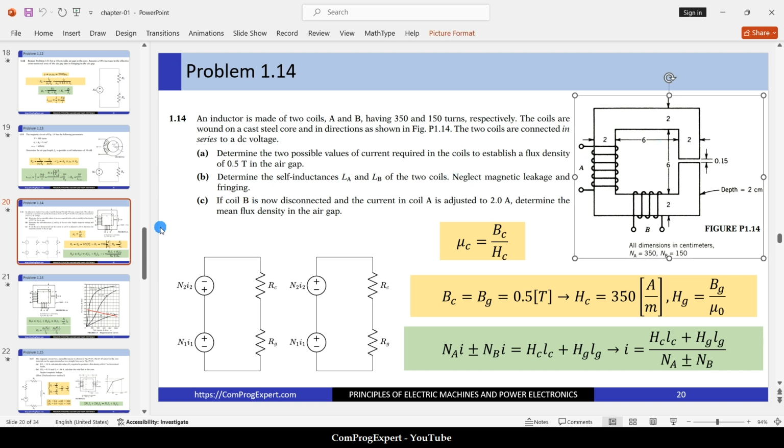To build up 0.5 Tesla in the air gap, we have two possible values depending on the type of connection of the terminals of the coils A and B.